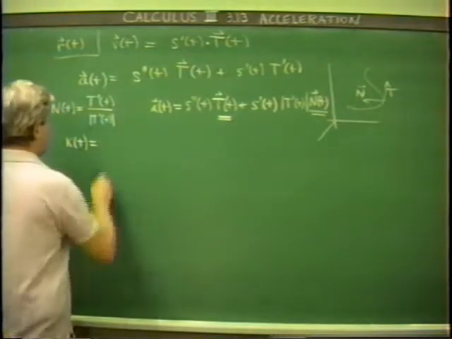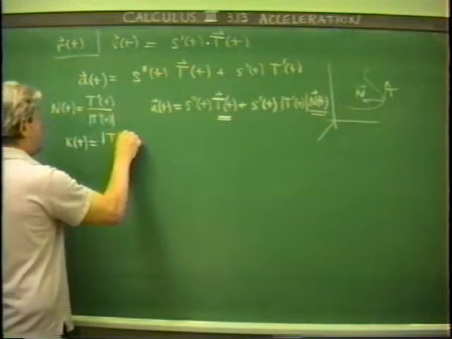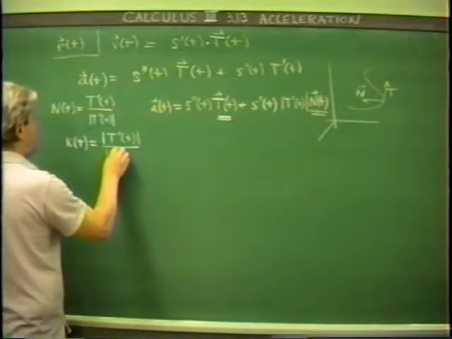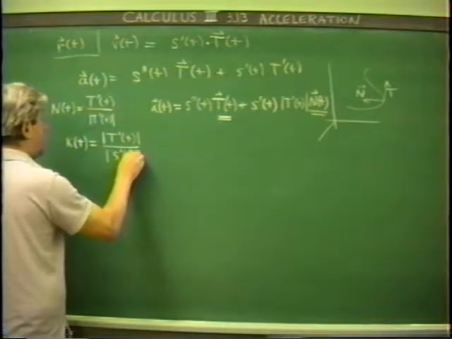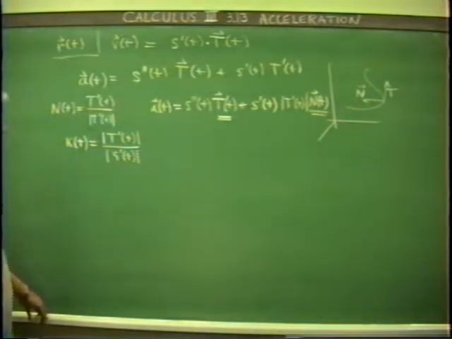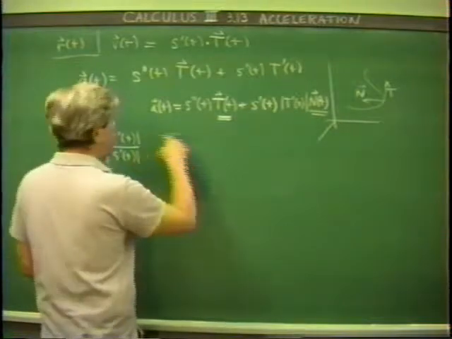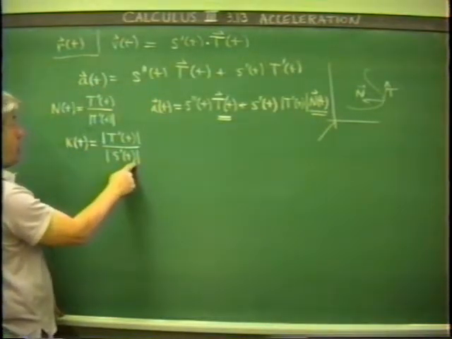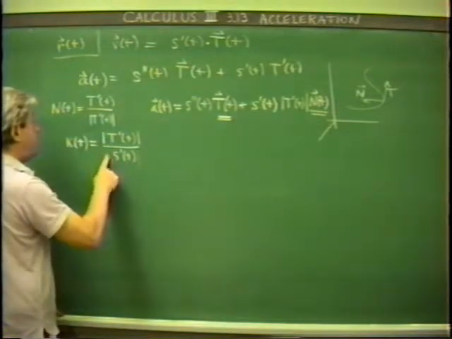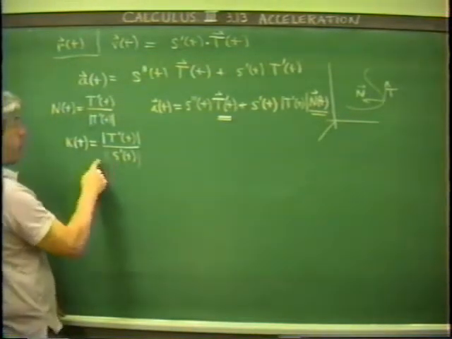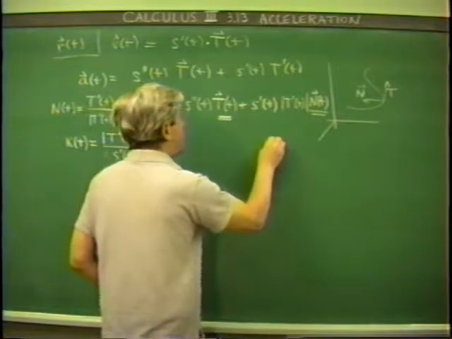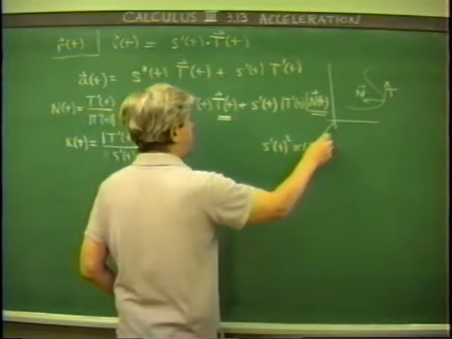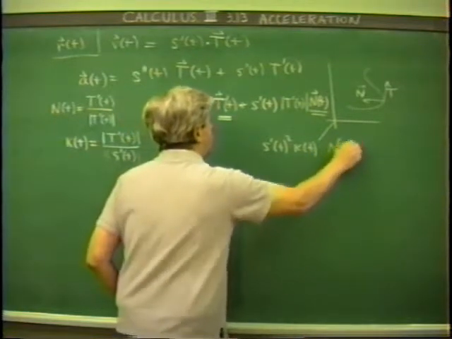It's worthwhile writing it a third way also, and that is this. Since kappa, the curvature, is magnitude T prime of t over magnitude s prime of t, or magnitude v of t, we can write magnitude T prime of t as kappa of t times s prime of t.